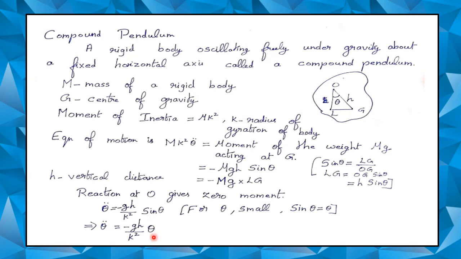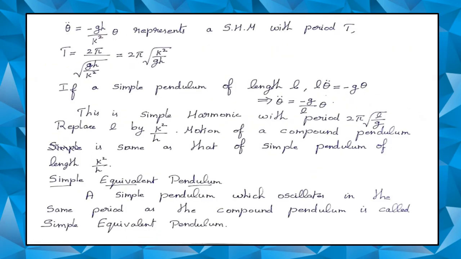We can replace sin theta by theta because theta is a small value. So theta double dot is equal to minus gh by k square theta, and this is simple harmonic motion with the period T, where T is equal to 2 pi by root of gh by k square. So this is the general equation of a simple harmonic motion.